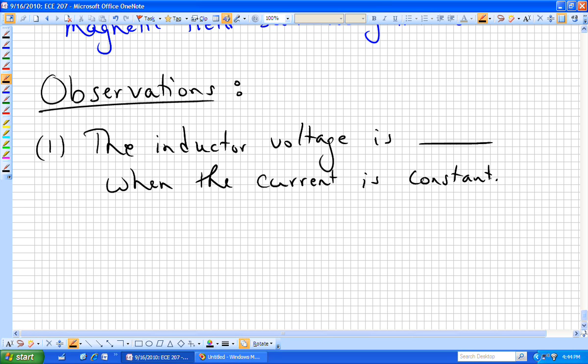If we differentiate a constant, then we know that the voltage is going to be 0. So if we have constant current flowing in this inductor, that inductor looks like just a wire. There's no voltage drop across it. It looks like a straight wire.